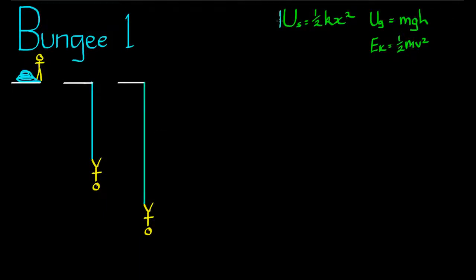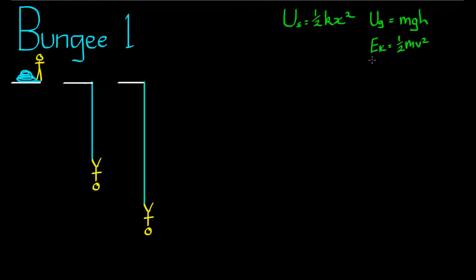As it's stretching, the spring potential energy is going up, and therefore your kinetic energy is going down. And the complicated thing is, while the spring potential energy is going up and your kinetic energy is going down, your gravitational potential energy is also going down. So we've got three different forms of energy being exchanged all at once.